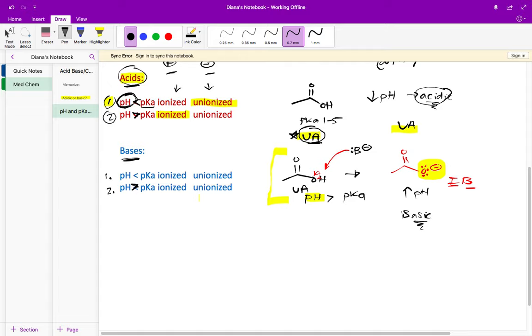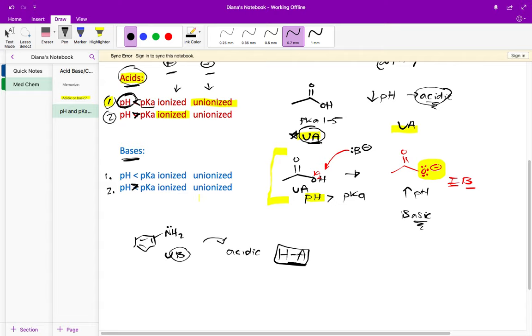If I'm looking at a base, for example, let's say I want to look at an aromatic amine. If I put this unionized base in an acidic environment, with acids floating around, will that base remain a base?